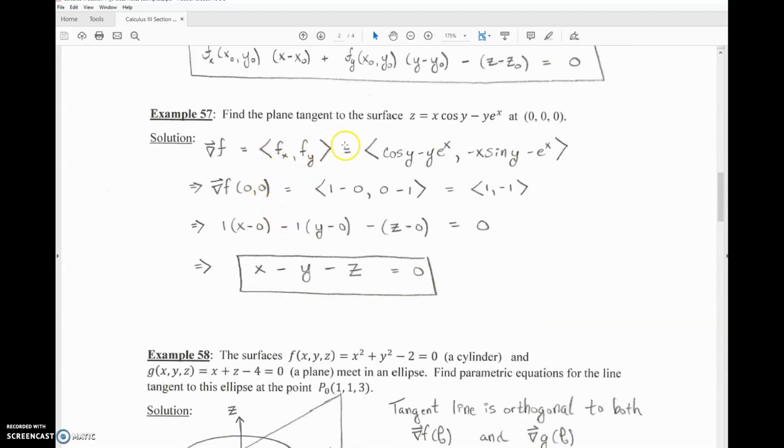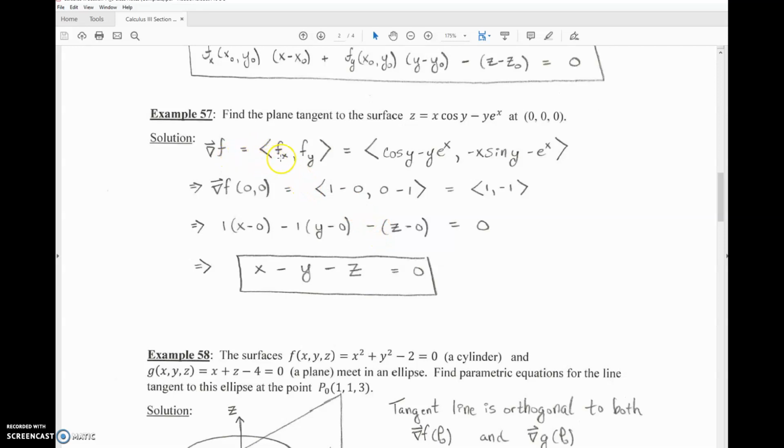So if I want to find the plane tangent to the surface z equals x cosine y minus y e to the x, I just find the gradient of that f, which is f sub x and f sub y. I don't need to think of this by subtracting z and setting equal to 0. I just know that I will always make this piece of the equation a negative 1.